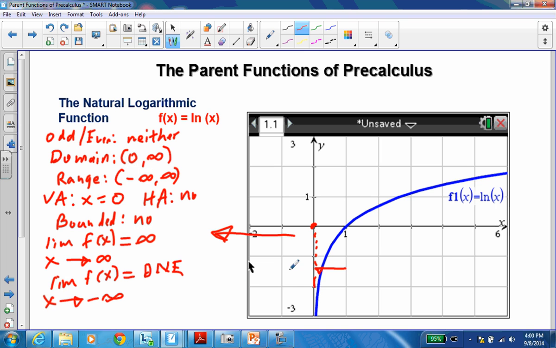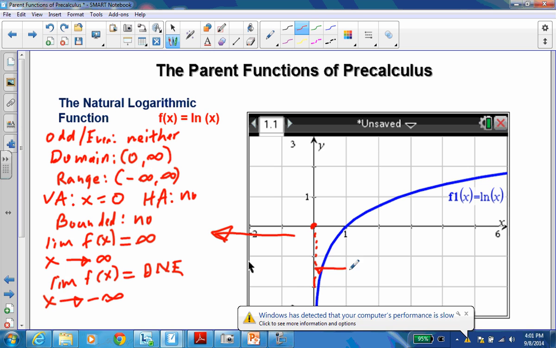It's kind of like the square root function in that respect. Here there's no boundedness because the function is coming from negative infinity going up to infinity.